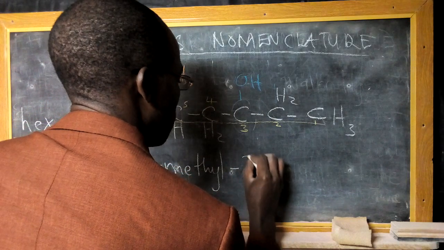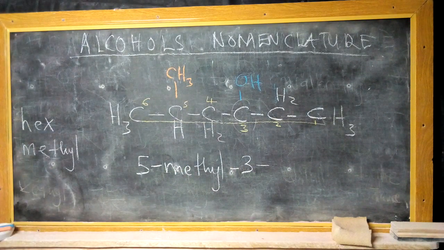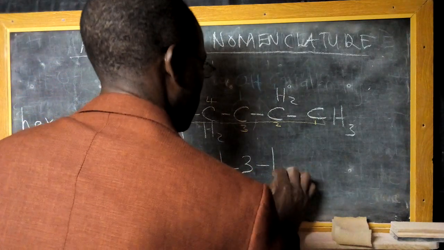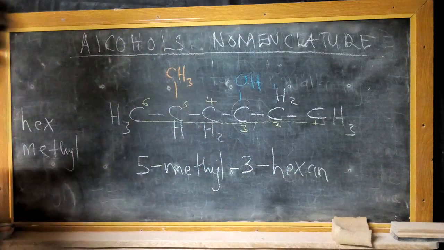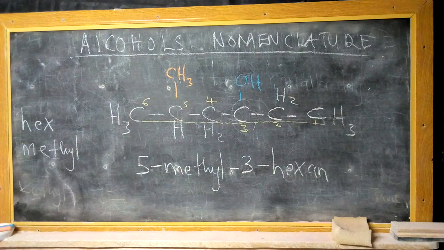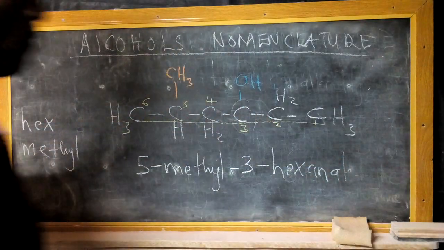So the functional group is appearing at number 3, so we shall have 3-hexanol.